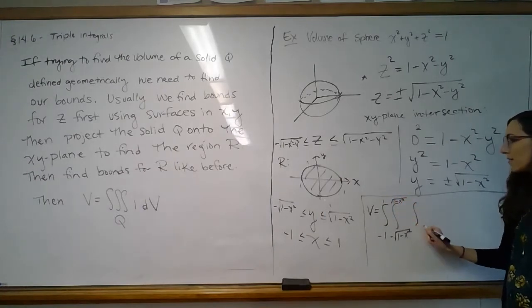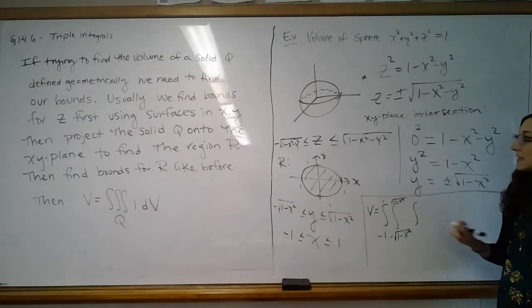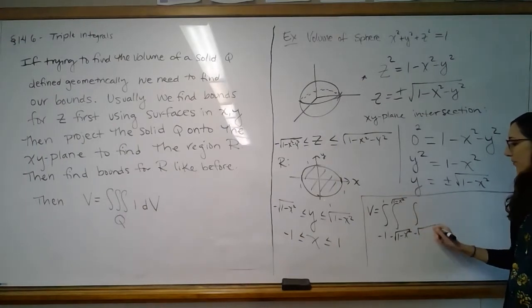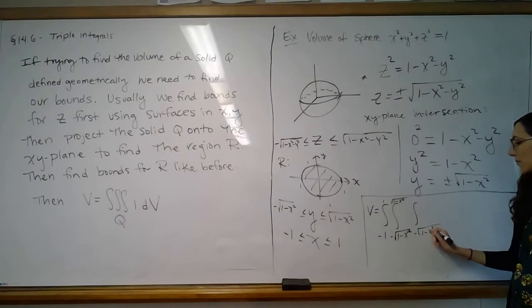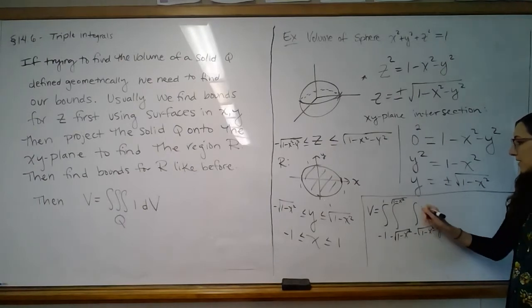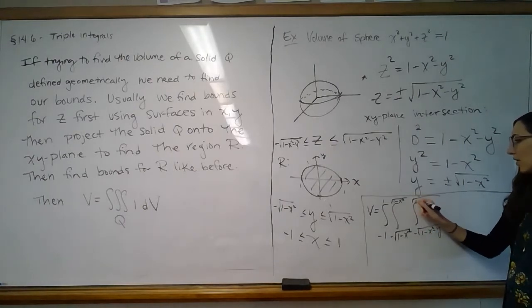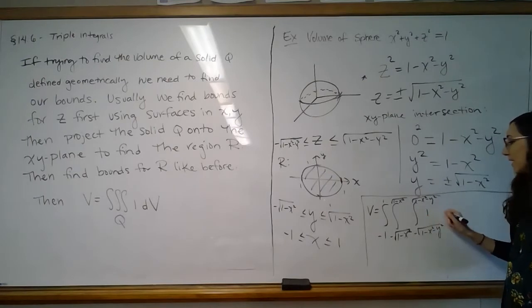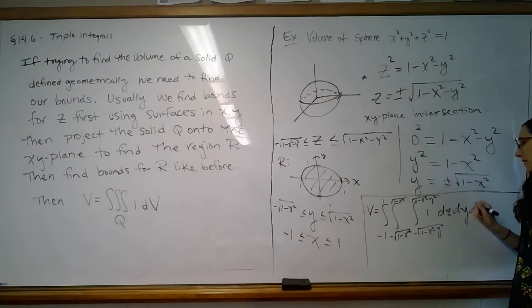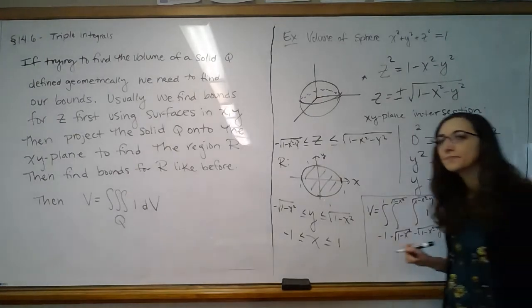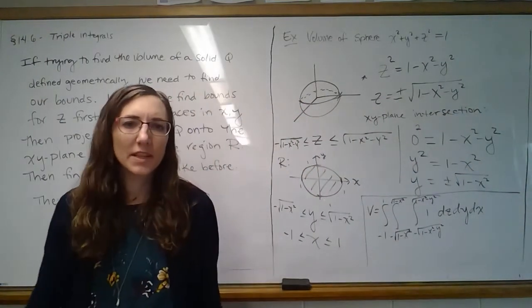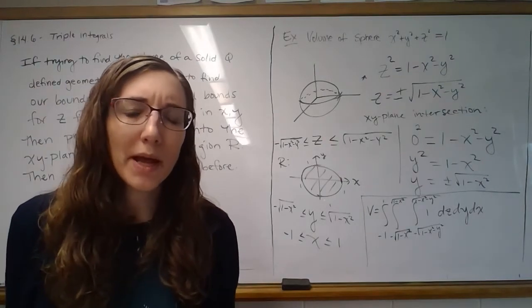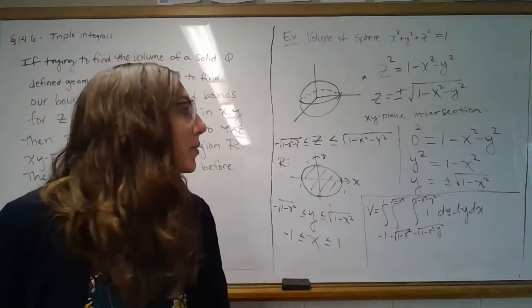And then our bounds for z are going to be negative the square root of 1 minus x squared minus y squared to positive the square root of 1 minus x squared minus y squared. And we're just going to integrate 1, and these would be dz, dy, dx. Little skinny there, a little hard to read maybe, but hopefully you caught the audio of what we were writing down.